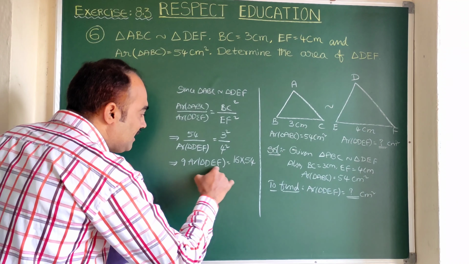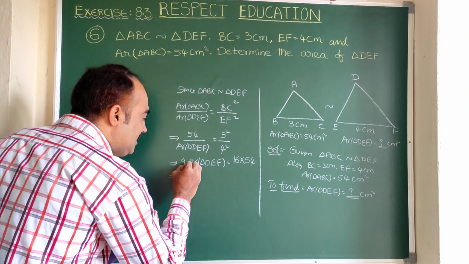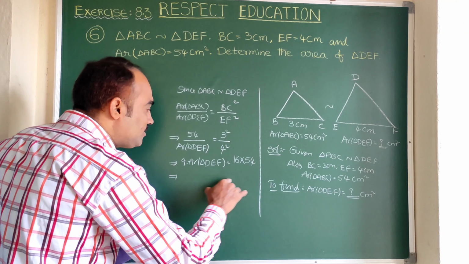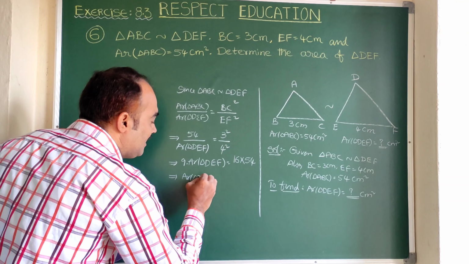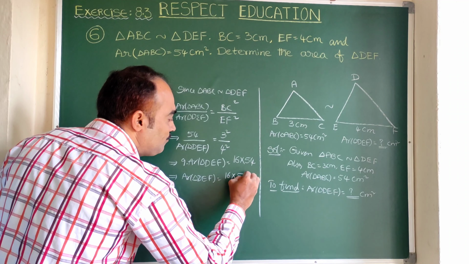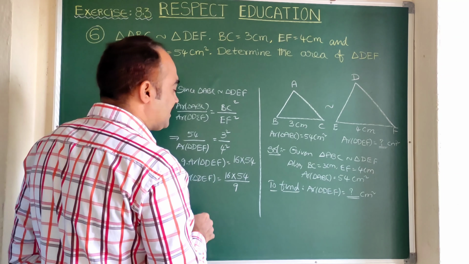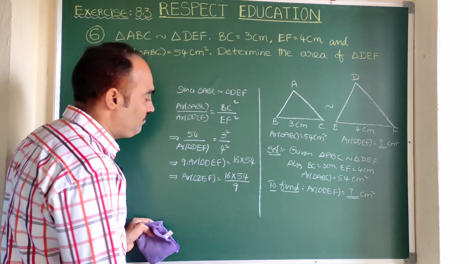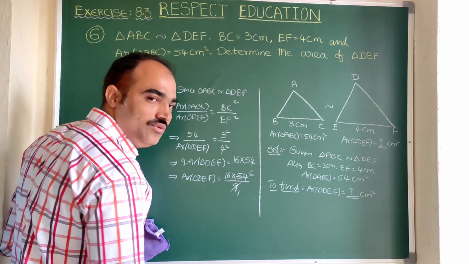As we need area of triangle DEF, let us send 9 to the right hand side. As it is multiplication, if it moves that side it will become division. So area of triangle DEF can be written as 16 into 54 divided by 9. On cancellation, 9 1 is 9, 9 6 is 54.